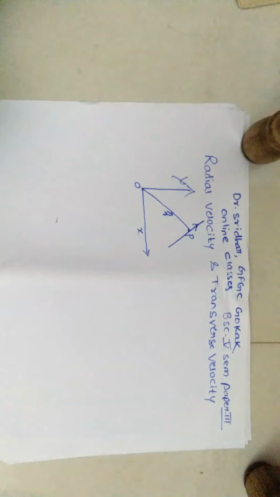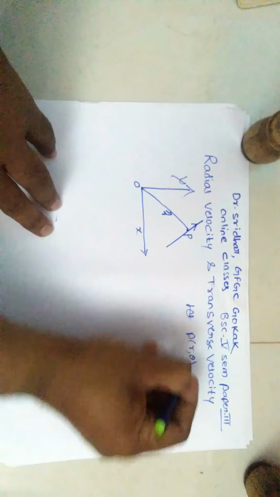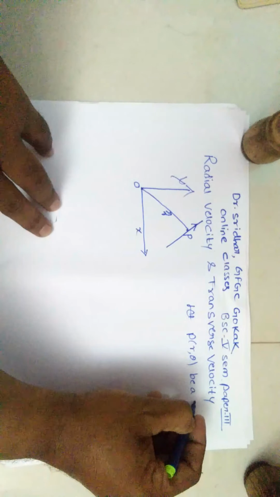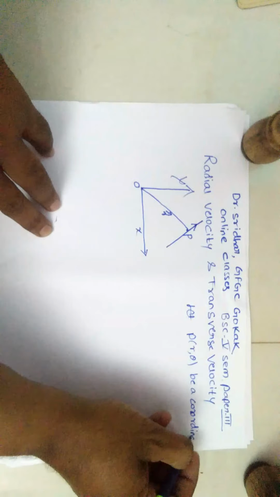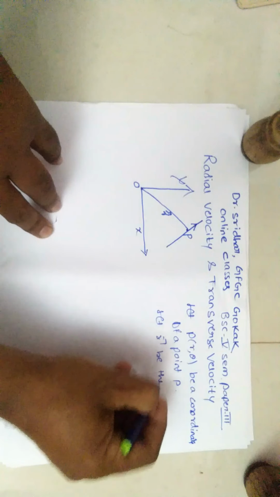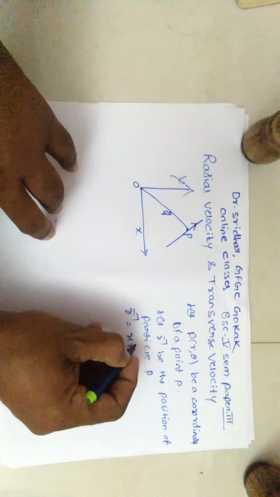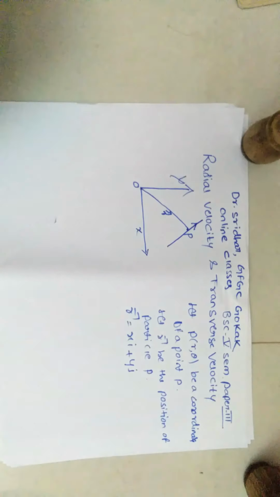To derive this, we consider P(r, theta) to be the coordinates of a point P, and let r bar be the position vector of the particle P. Clearly r bar is given by xi plus yj, that is the position vector of the particle P.